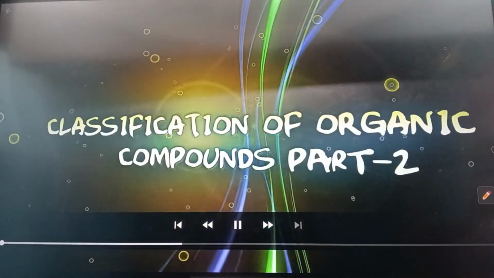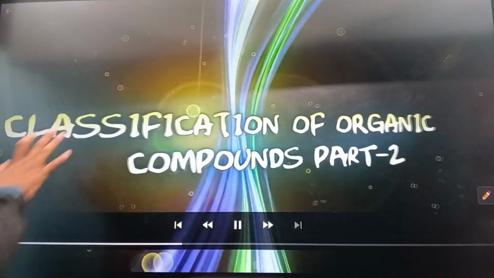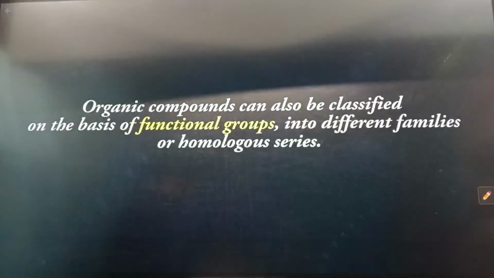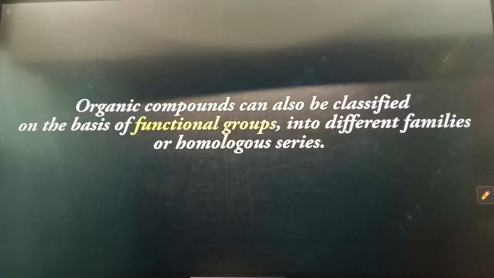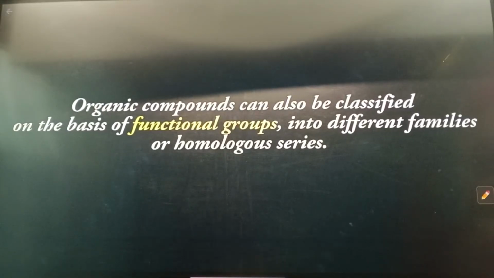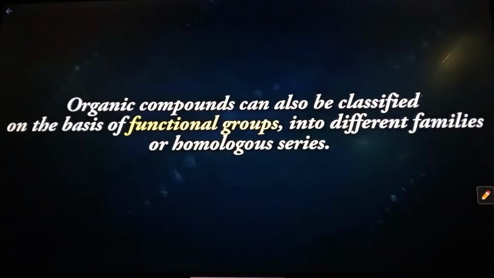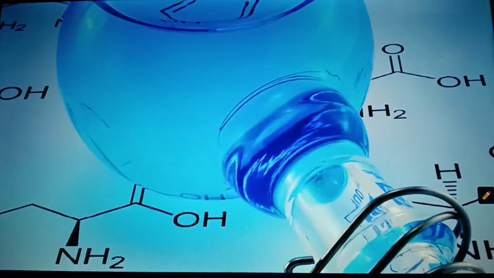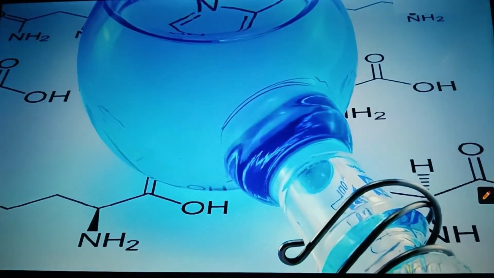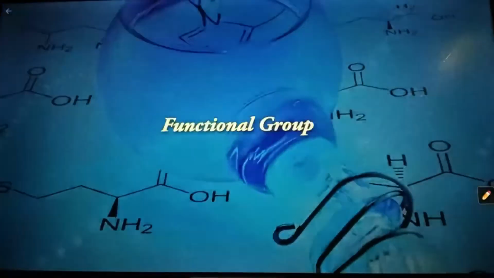Classification of organic compounds, Part 2. Organic compounds can also be classified on the basis of functional groups into different families or homologous series. In organic chemistry, there is another important concept of functional group.